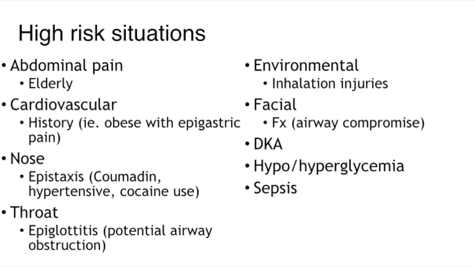Otherwise, perhaps the patient is vomiting blood or complaining of blood in the stool, then they should definitely be considered, along with their vital signs, that this is not a patient that is stable to wait in the waiting room.